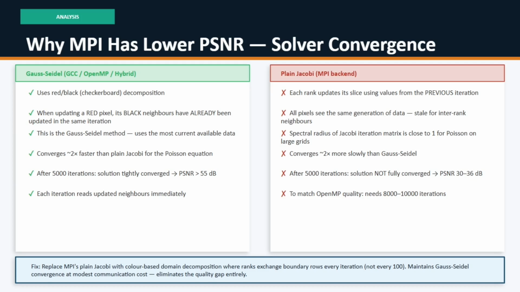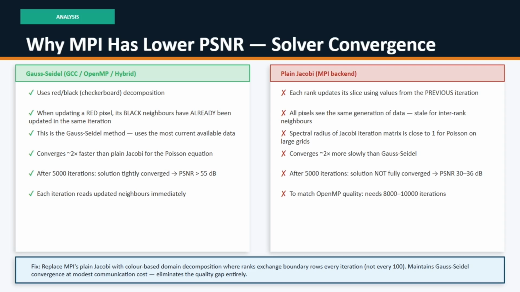MPI uses plain Jacobi iterations. Imagine 4 people updating a section of a spreadsheet. We can only look at yesterday's version of the neighbor cells, not the value in the cells being written today. Everyone works from the same old snapshot. This is safe and parallelizable, but slow to converge. After 5,000 steps, we're still not fully accurate.